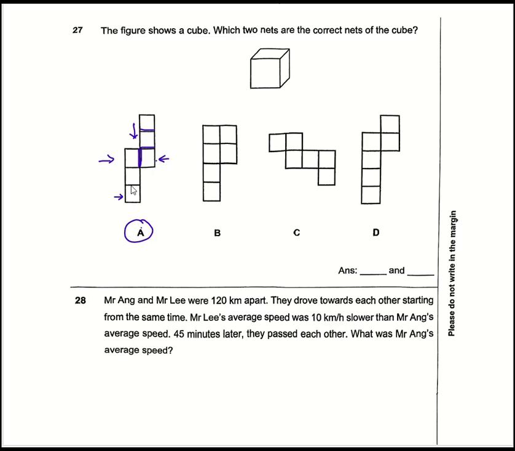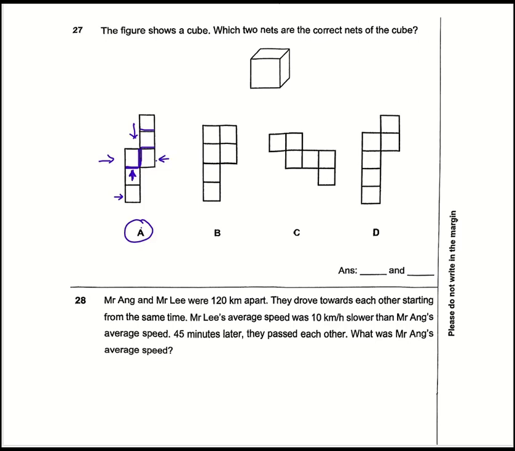Now after that, when you push this up along this edge here, this will form this face of this cube, and this will form the top cover. So this is definitely the correct net of the cube.